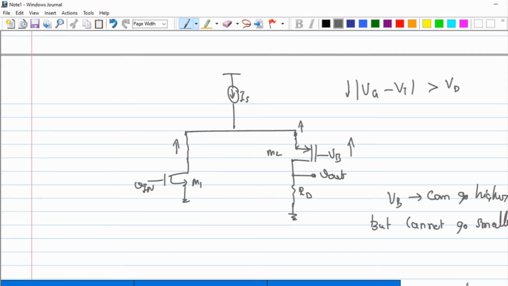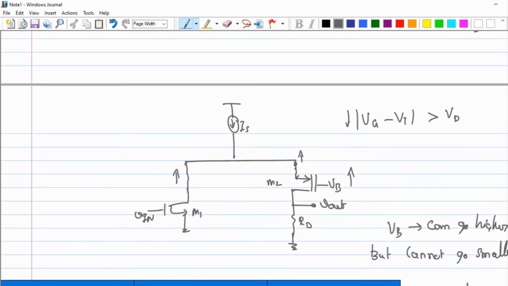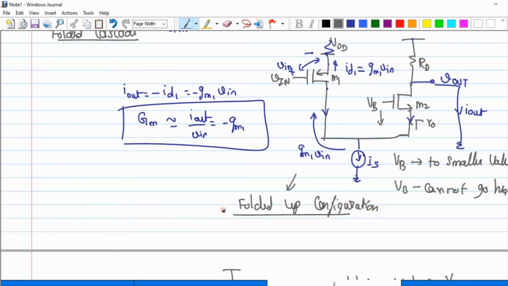Yeah. So now, as I said before, there's a special name for this circuit and for this circuit. So we call this particular circuit the folded up configuration. And for the folded up configuration, the input device is a PMOS. Is that clear?